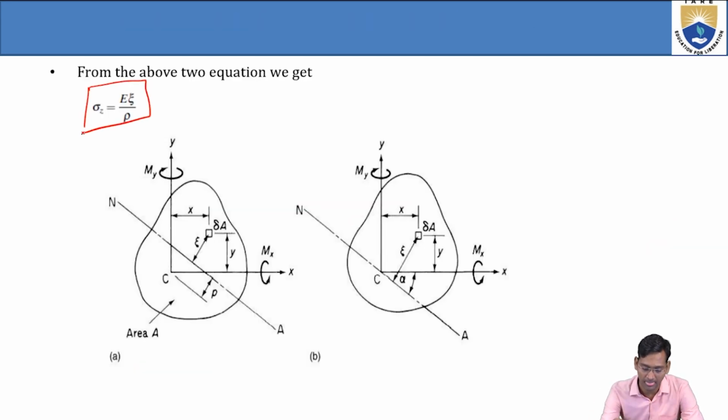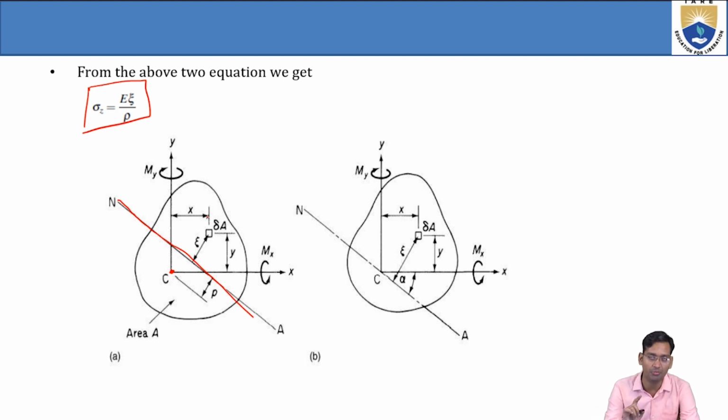Now just see here. Where the centroid is, there we assume the origin coincides with the centroid of the section. Now this is the neutral plane, which is not getting bent or experiencing any stress.